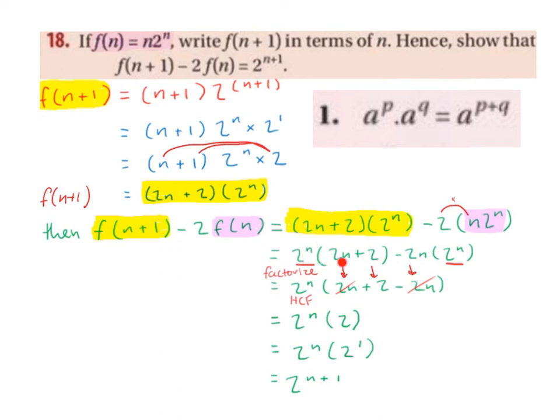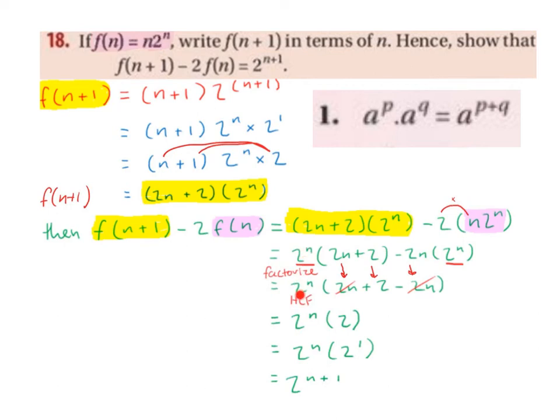And over here, all I did was swap these around, because we tend just to have the single term outside the brackets. So I've got 2 to the power of n multiplied by 2n plus 2 as one of my terms. And then I've got minus 2n multiplied by 2 to the power of n as my second term. And I can see that my underlined values are my highest common factor.